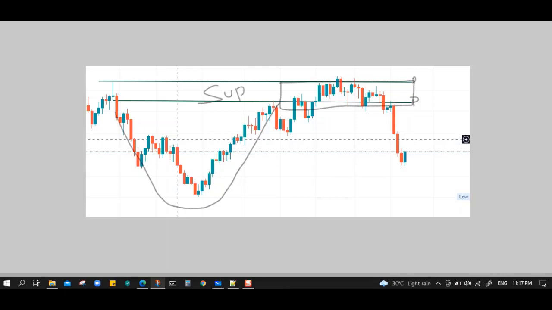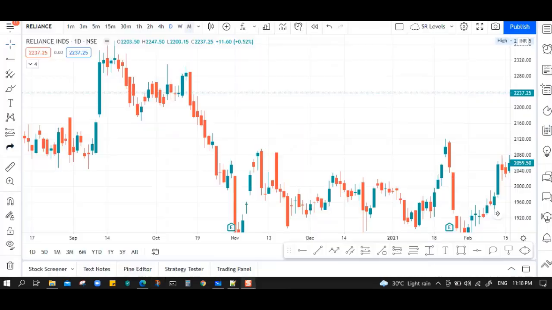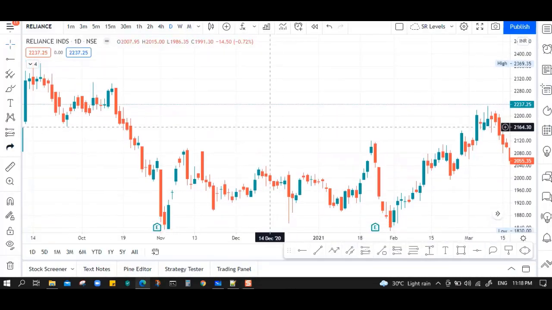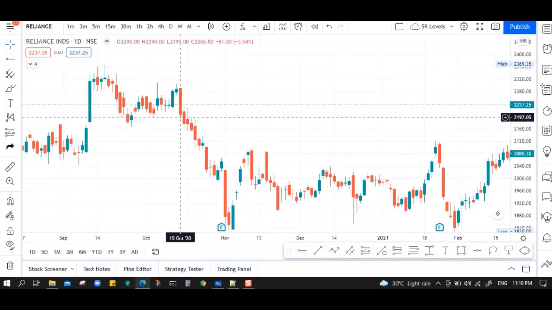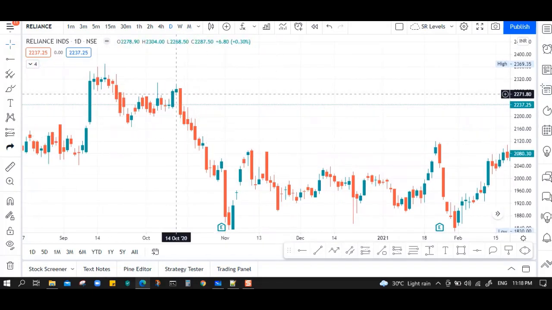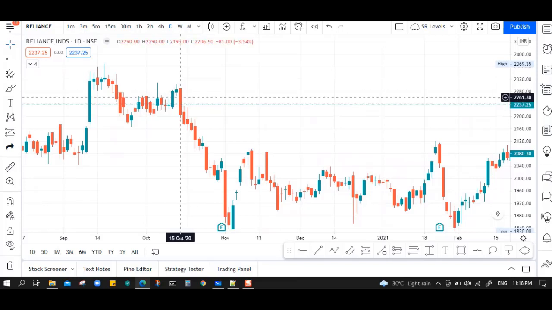See, from here the market consolidated and fell down: rally, base, drop, right? So this is our Reliance chart. Let me draw the distal line here. This is a base candle. A base candle is nothing but a candle before a big move.